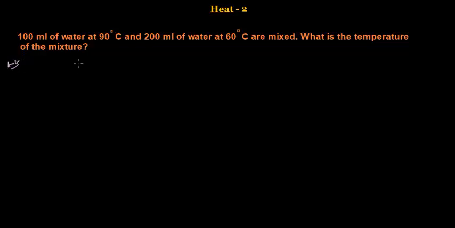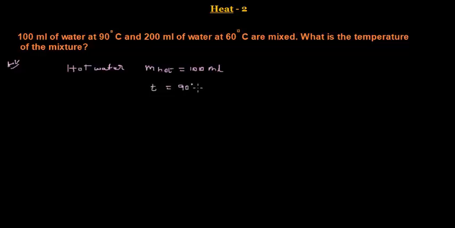First, let us write down the information given in the question. First, let us write about hot water. The mass of hot water, m hot, is equal to 100 ml and the temperature, small t, is equal to 90 degrees centigrade.